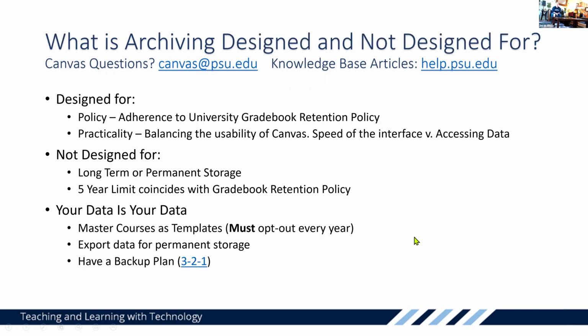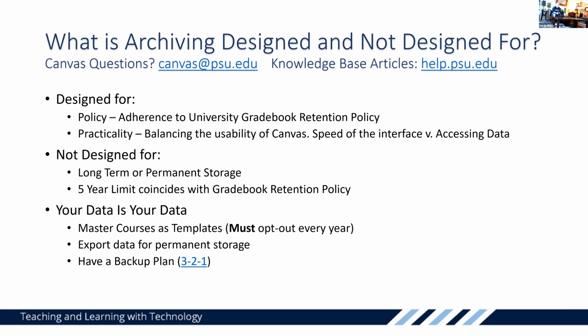So the first question, what is archiving designed to do and what is it not designed to do? First of all, it is designed most importantly and primarily to adhere to university policy. What we want to do with archiving is adhere to the university gradebook retention policy.